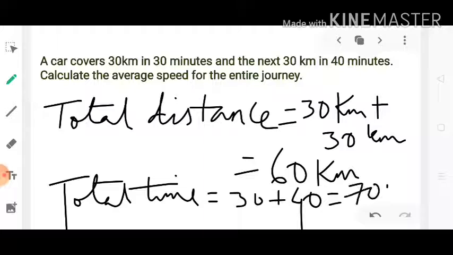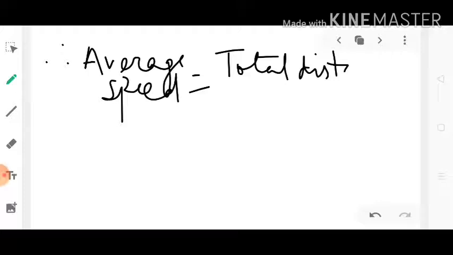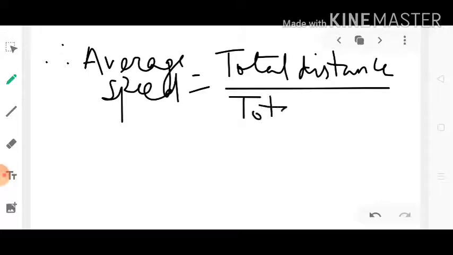So this will be 70 minutes. So total time is 70 minutes. Average speed. Remember, whenever we are solving any question, we have to write down the formula. So average speed is equal to total distance divided by total time.